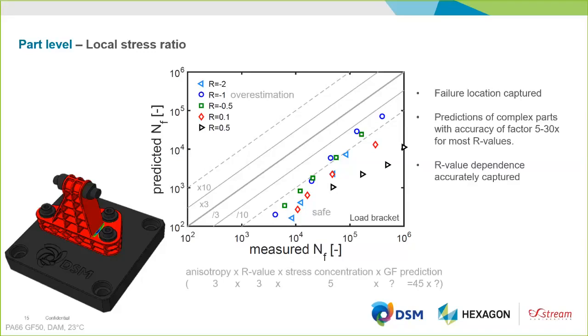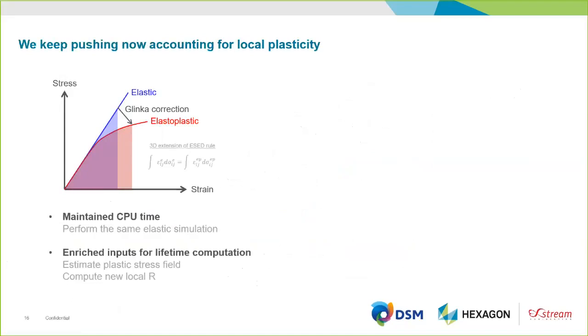However, this was the status early this year, and which was also made available in the current Digimat version 2019.0. So in the meantime, we have been collaborating with e-Xstream on more advanced methods to drive the accuracy further.